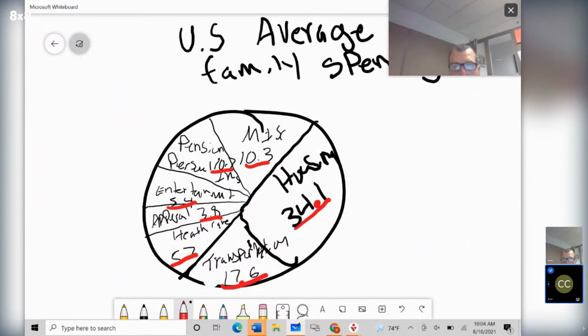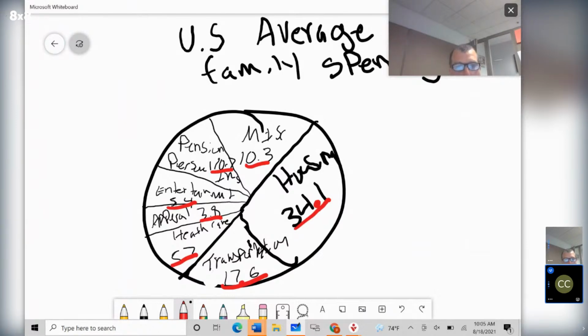That's going to the doctor, dentist, buying medicine, prescriptions, if you don't have insurance. Apparel is 3.8%. That would be clothing. The average family spends 5.4% of their money on entertainment. That could be movies, baseball games, football games, whatever.